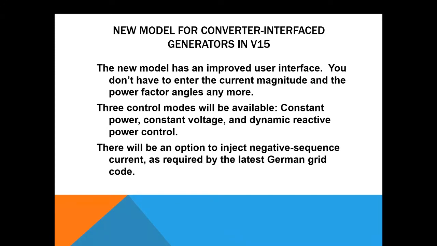And also, there would be an additional German grid code that says that for unbalanced faults, the converter has to also inject a negative sequence current roughly 90 degrees away from the negative sequence voltage.